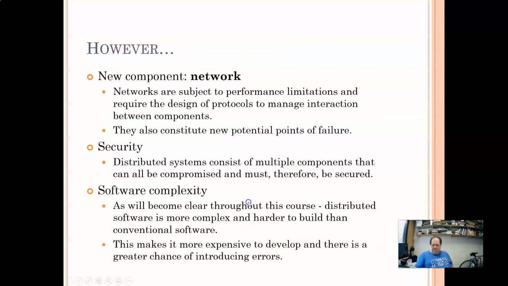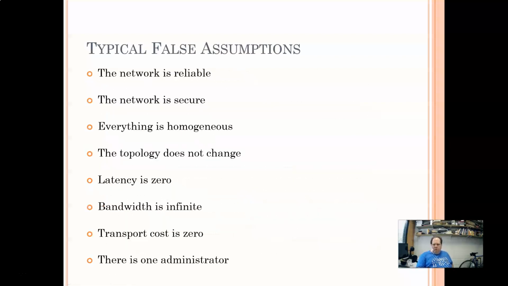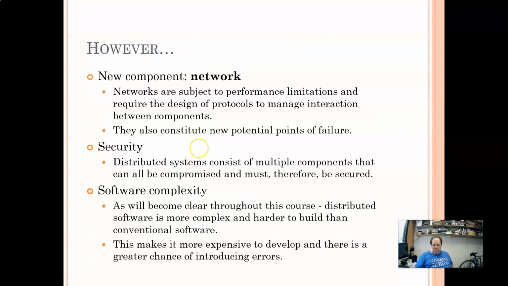There are many reasons. However, the downside, or the issue when we talk about distributed systems, I'll jump forward, is that whenever we move from a standalone system towards a distributed system, we introduce this new component, this thing called the network. And networks are not these beautiful things that work seamlessly. They have performance limitations.